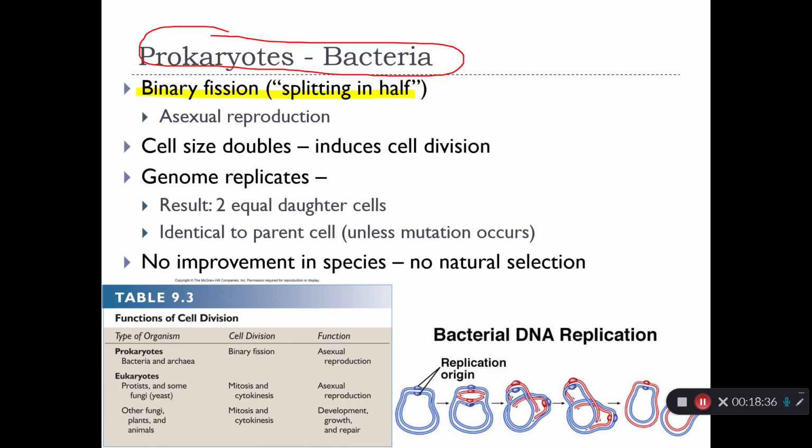It's still asexual, meaning one cell becomes two cells. They don't need a partner. The cell size doubles. It reproduces two identical cells. And if you take micro, you can learn about different ways that bacteria change up their DNA, but all bacteria do binary fission to reproduce.